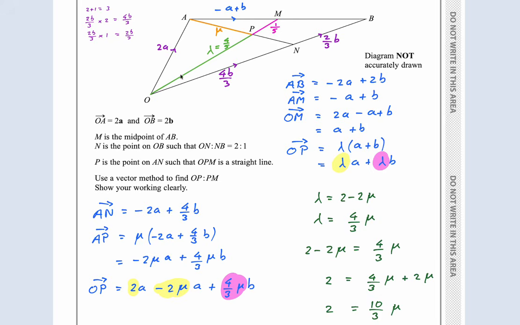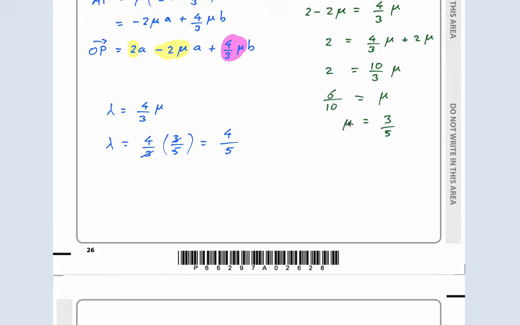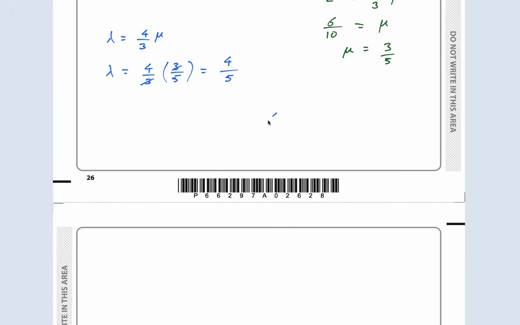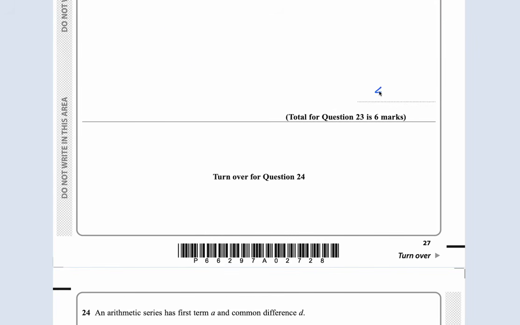So if this is 4/5 and this is 1/5, the ratio is 4 to 1. So the ratio from OP to PM has to be 4/5 to 1/5, which is the same as 4 to 1. I'll write it here, 4 to 1, and I'll write it here.